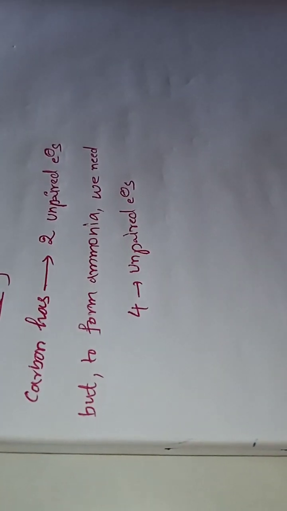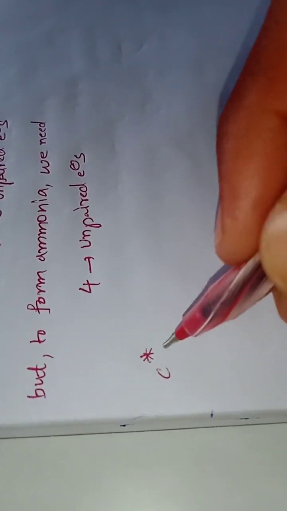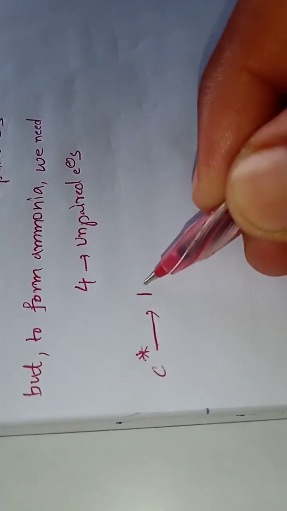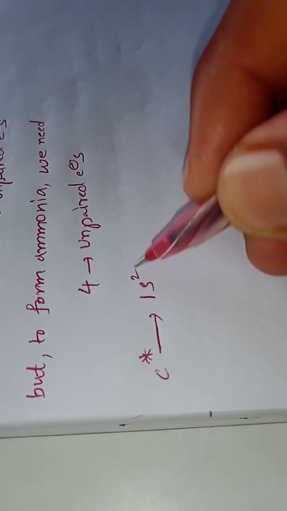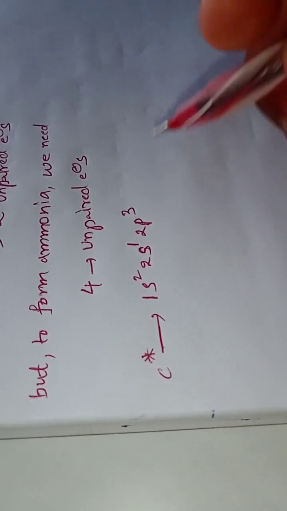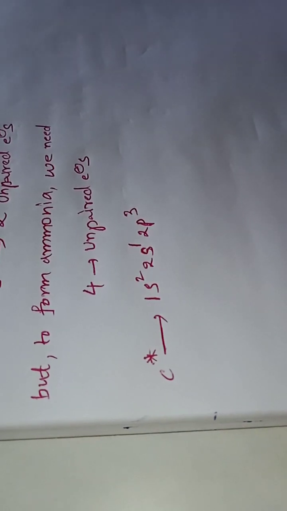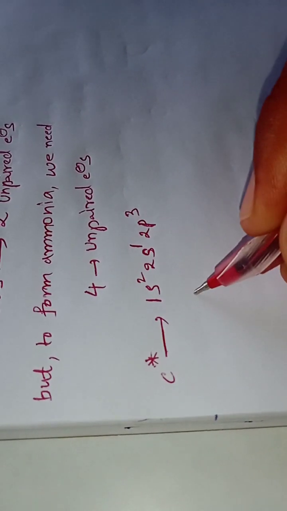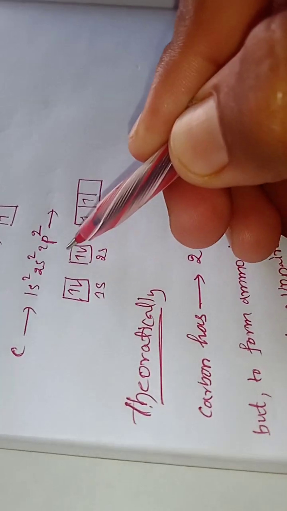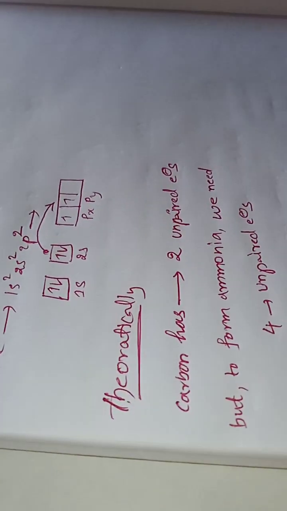So for this we put the carbon in the excited state. That is, carbon excited state: 1s2, 2s1, 2p3. One electron from the 2s orbital enters the 2p orbital due to excitation.